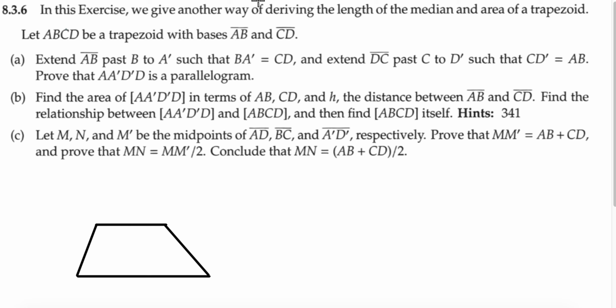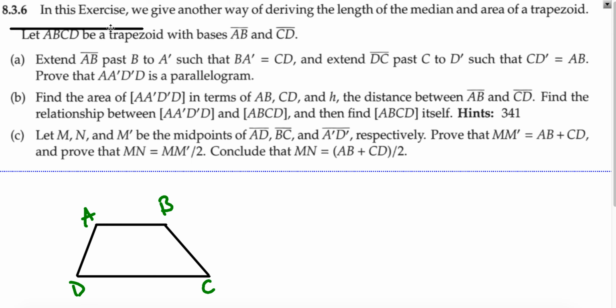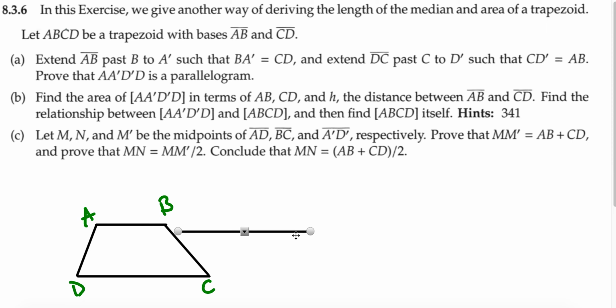Now, if I call this A, B, C, D, what they are saying is extend AB past B, towards this way, to A prime such that BA prime is the same as CD. So it simply means I'm going to copy CD and attach it right over here.